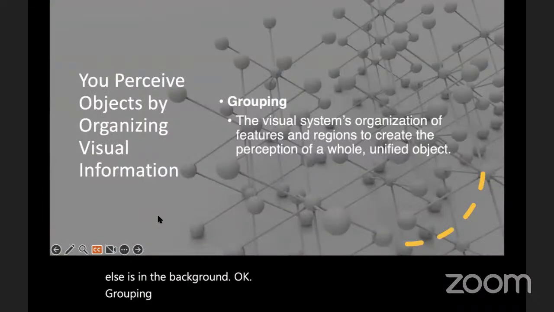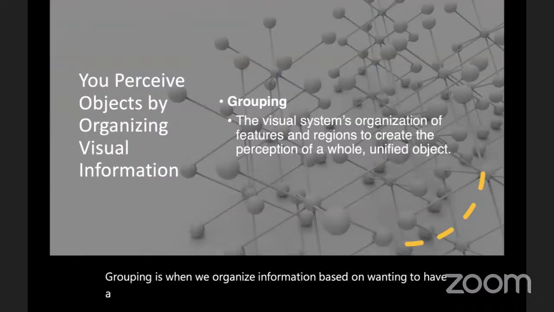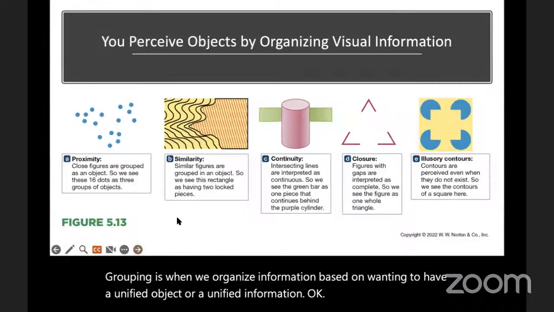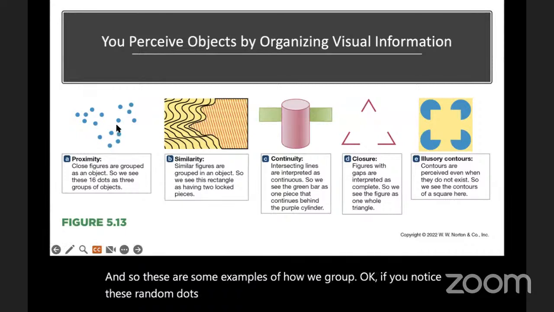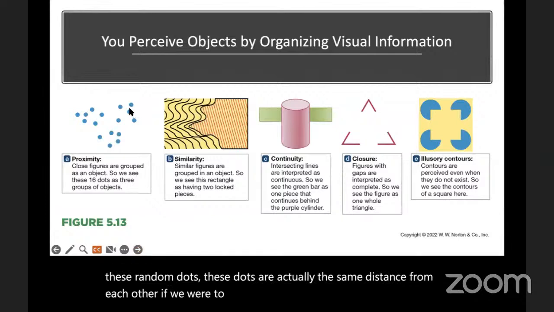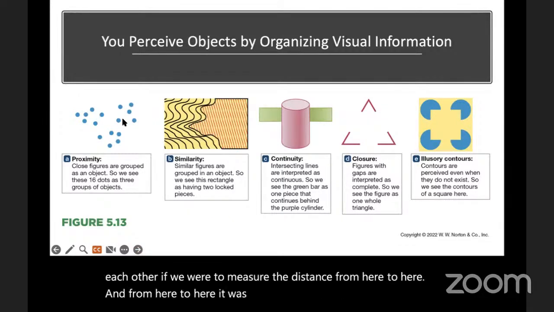Grouping is when we organize information based on wanting to have a unified object or a unified information, okay? And so these are some examples of how we group, okay? If you notice these random dots, these dots are actually the same distance from each other. If we were to measure the distance from here to here and from here to here, it's actually the same.